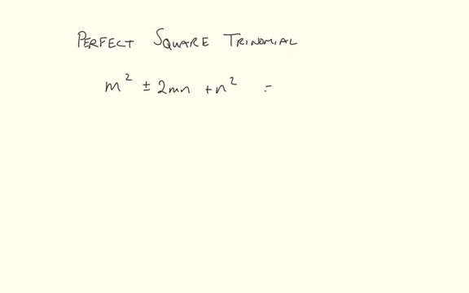So that's the pattern, and if we're going to work from the simplified form to the factored form, it would always work down to plus or minus the thing that the squares came from. So m squared is the square of m, n squared is the square of n, right? And this middle term would always be double whatever those two things multiply to. So that would be the pattern we'd be trying to recognize.